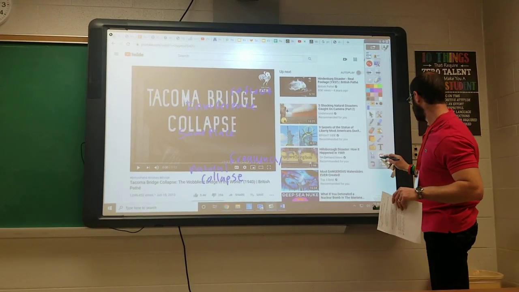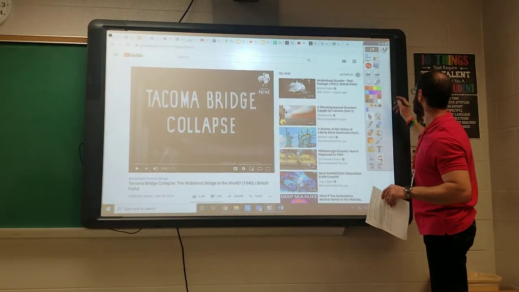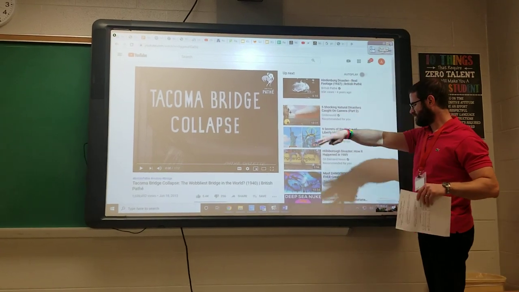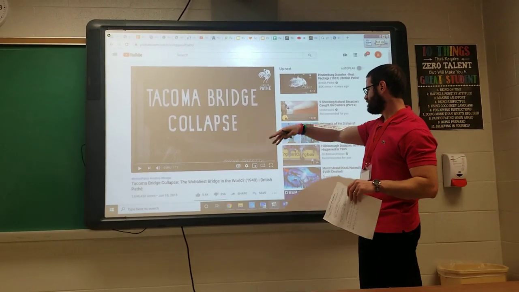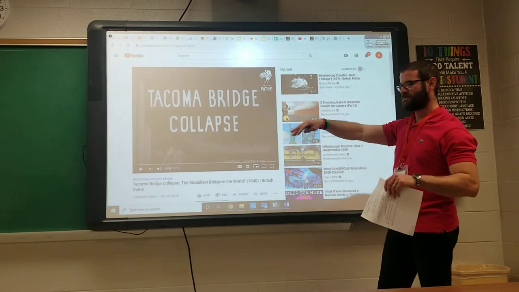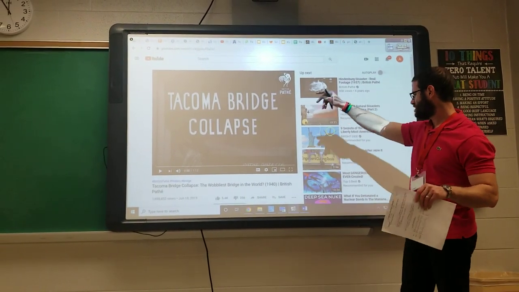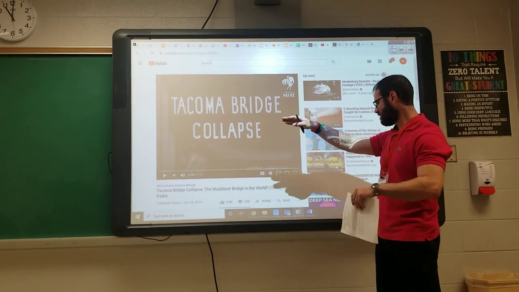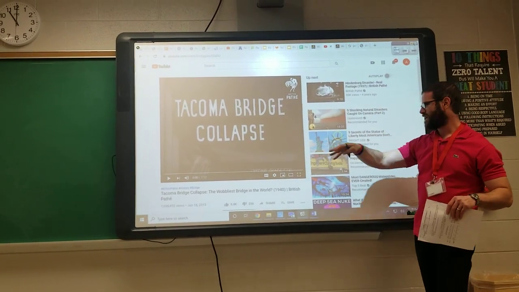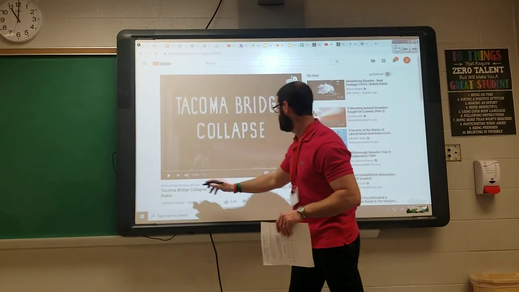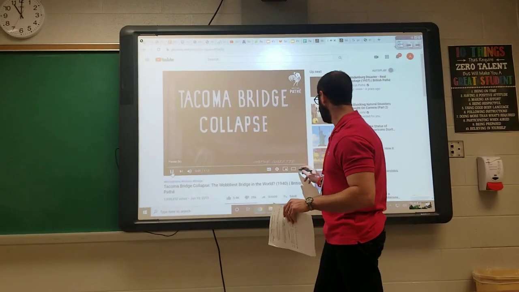What happened was the wind created basically a standing wave on the bridge. The bridge was vibrating or moving in a wave-like motion at its natural frequency, and we'll see what the result of that was.